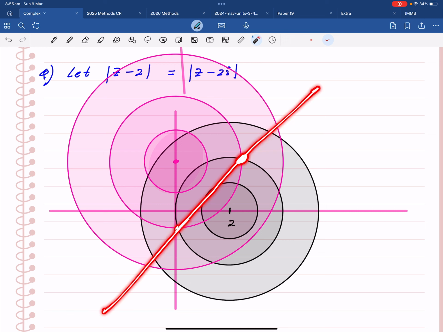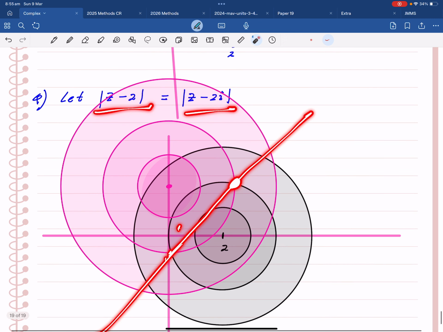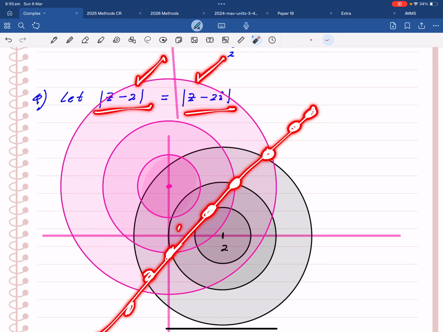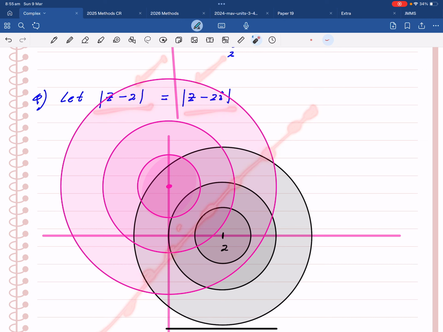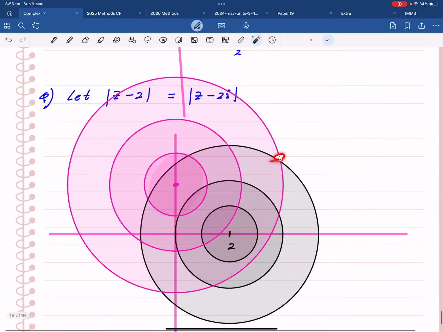At this point, this and this both are satisfied. At this point also it is satisfied. At this point also that is satisfied. So your z, which satisfies both, is on this line. Individually, they are on the thing like this, or here, or here.